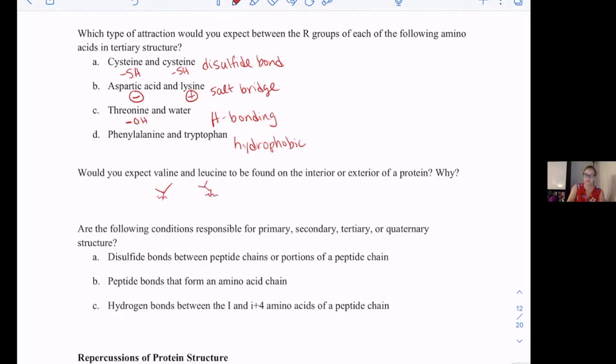Leucine looks like a V, but it's extended out a little bit. So these are all carbon R groups, so these are going to be nonpolar amino acids. Because they're nonpolar, I'd expect them to have hydrophobic interactions, and so it would want to be on the interior of a protein.